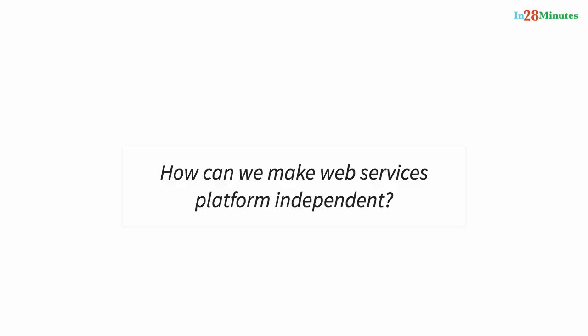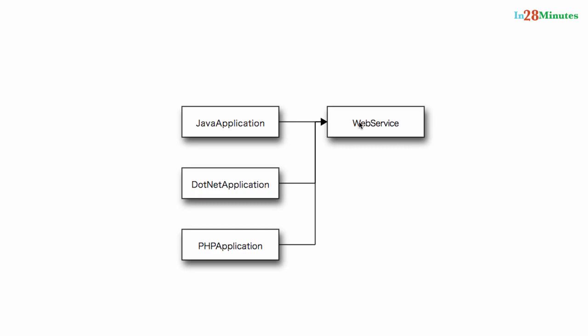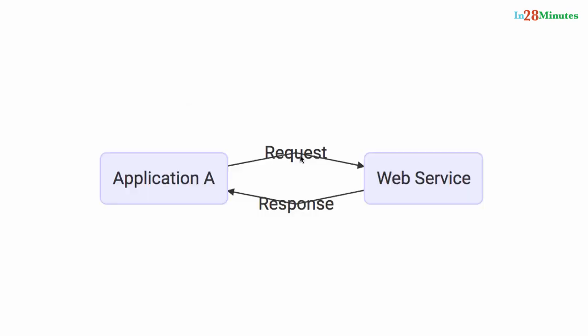The important thing is web services should be platform independent. Our web service, we should be able to call it from a Java application or .NET application and a PHP application as well. How do we achieve that? Think about it. If the request format, let's say it's a Java specific format or a .NET specific format, will other applications in other platforms be able to send a request in that format?